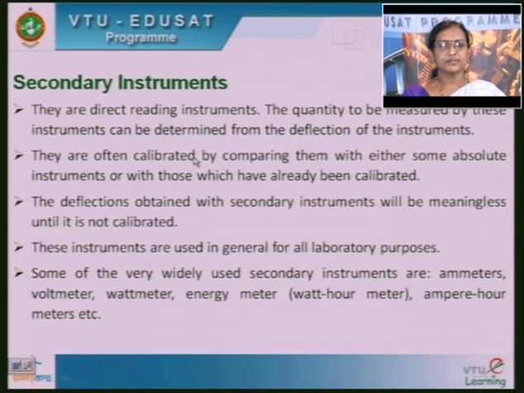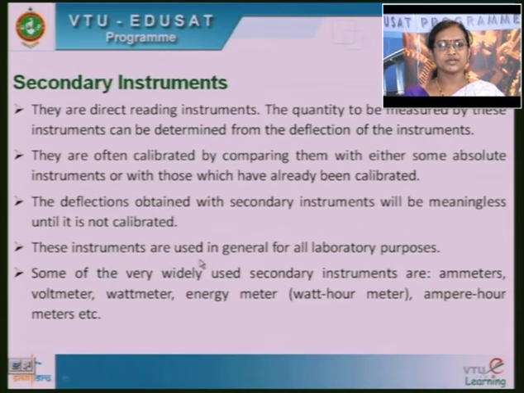They are often calibrated by comparing them with either some absolute instruments or with those which have already been calibrated with some standard instruments. The deflections obtained with secondary instruments will be meaningless until calibrated. Always you have to compare with the standard values.